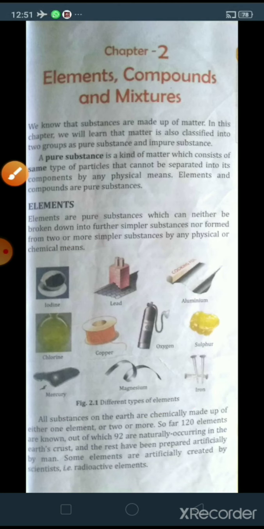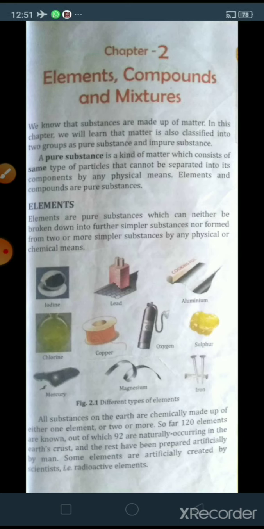In our surrounding, the substances on the earth are chemically made up of either one element or two or more. Okay, so till now 120 elements have been discovered by different scientists.